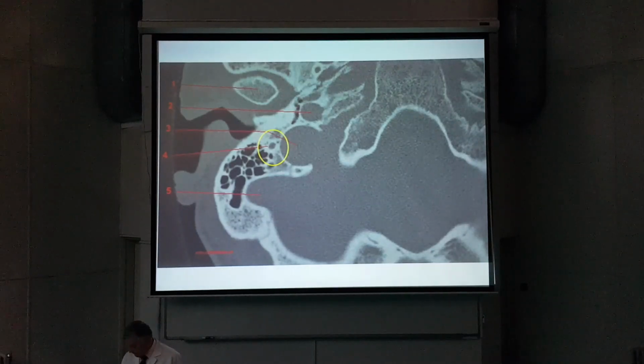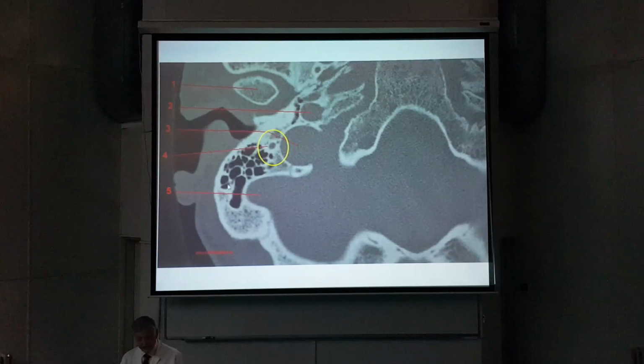Then, after the facial nerve finishes the area of the middle ear, it comes down on its way out of the skull. This is the canal of the facial nerve, the anterior wall of the mastoid process.